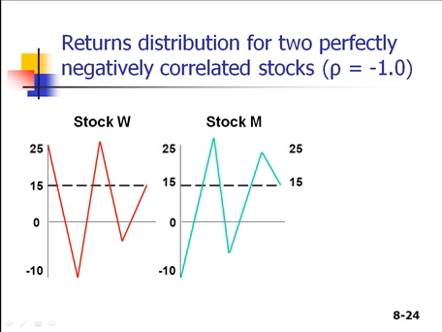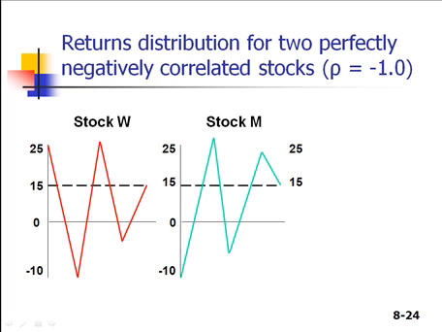In other words, I've got stock W and stock M in this case. Perfect negative correlation means that if you tell me in any given period what stock W did, then I can tell you for sure what stock M did in the same period. And it will have been basically in the opposite direction.